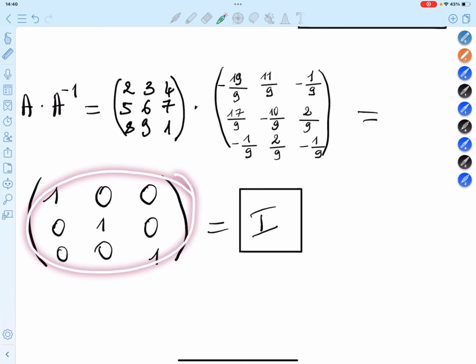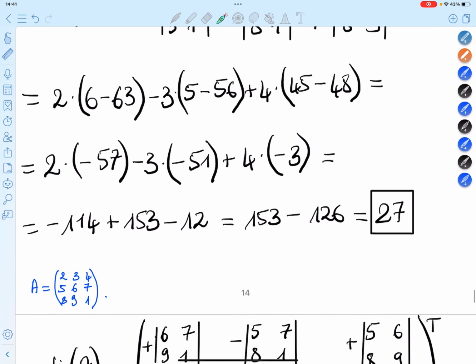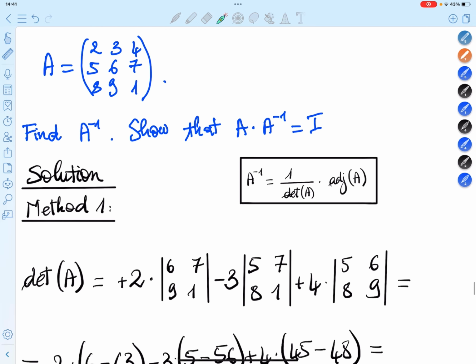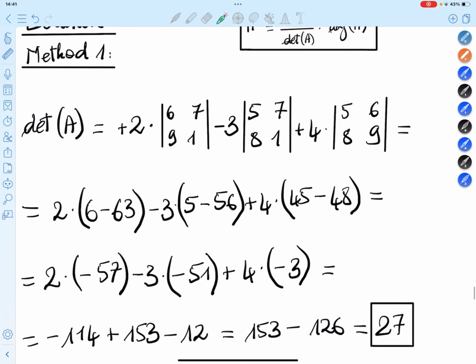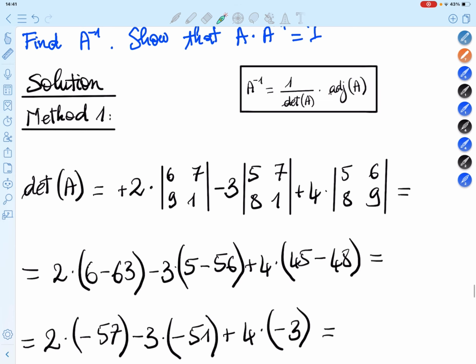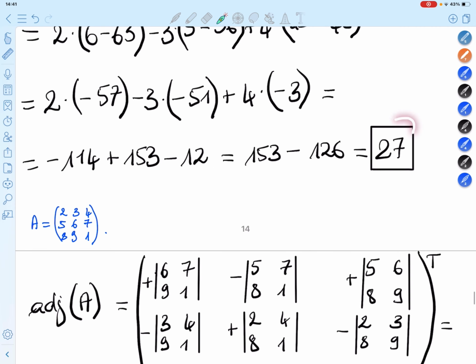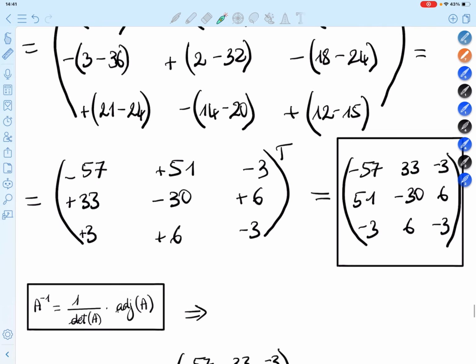And this is the identity matrix, which is I. So in summary, we have found A inverse by using this formula, which is 1 over the determinant of A times the adjoint of A. First we found the determinant, which was 7. Then we found the adjoint, which is a bit longer.